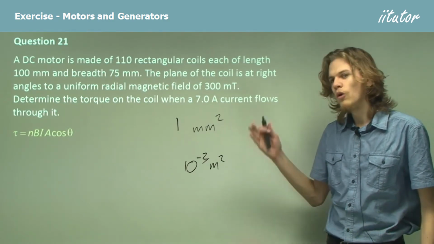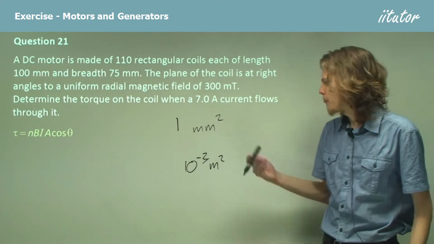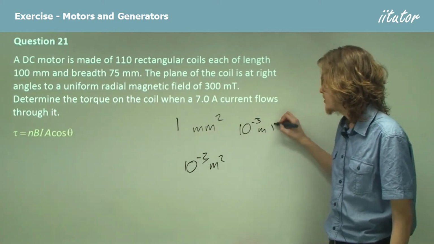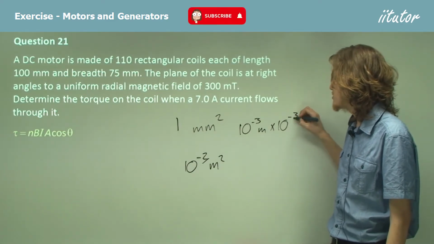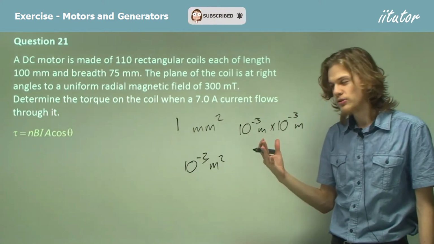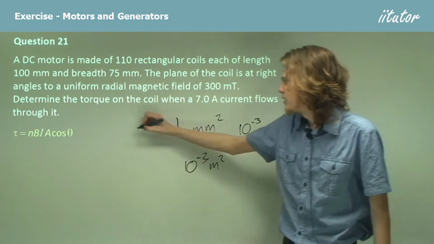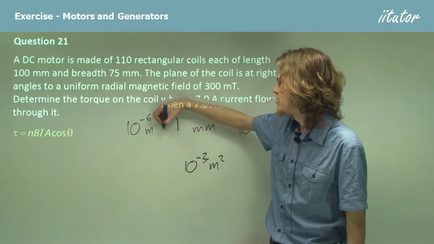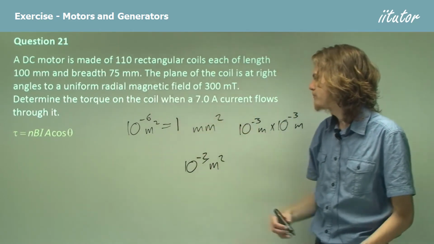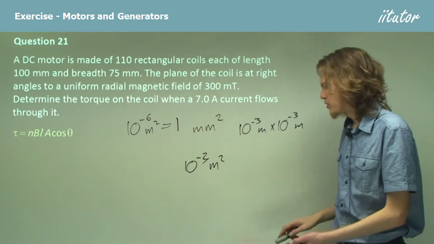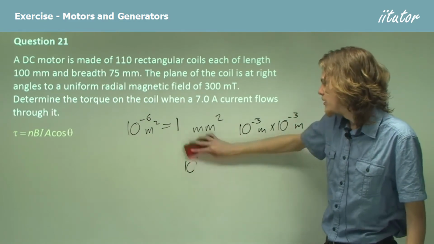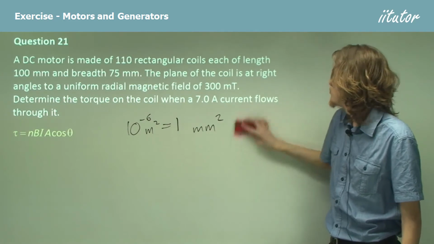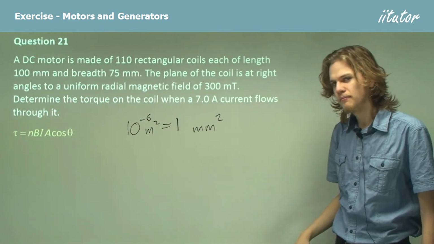In fact, if we take 1 millimeter and we square it, we'll have 10 to the minus 3 meters times 10 to the minus 3 meters. And you can see, of course, that this will be 10 to the minus 6 meters squared. And so because of this, it's a lot easier, instead of working in millimeters, to just make sure everything is in meters before you start multiplying things together.